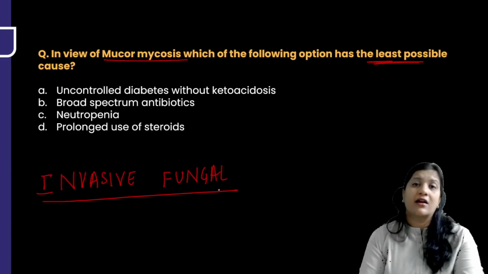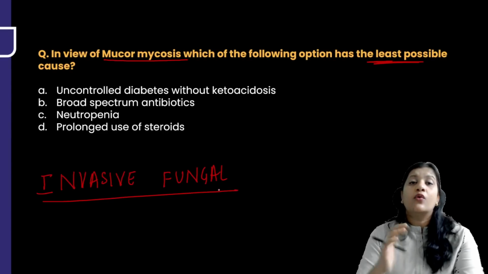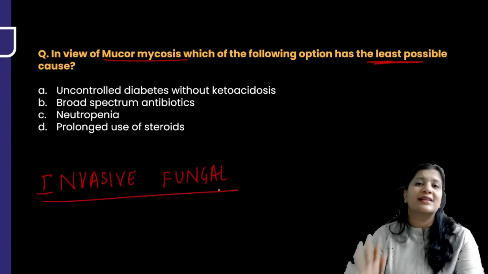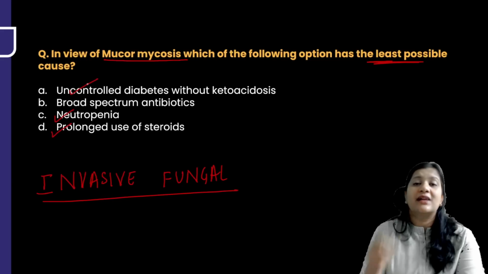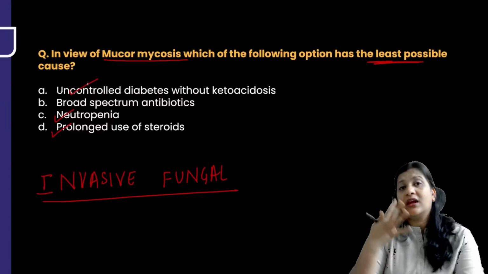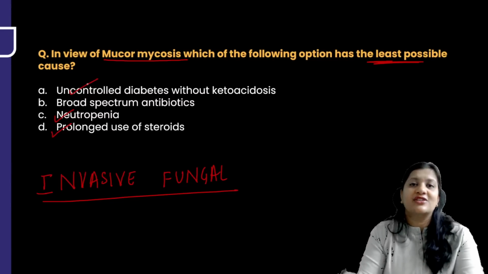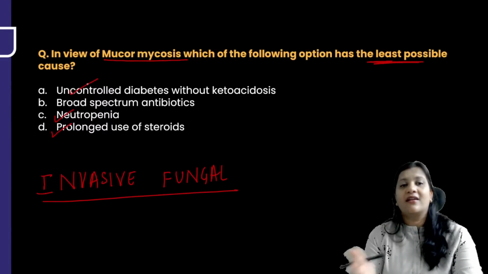It occurs in those patients who are taking steroids, in those patients in whom there is immunosuppression because of COVID-19 infection, or who have undergone transplant. So these are all the patients who are susceptible. So prolonged use of steroids, neutropenia, diabetes are definitely conditions where the immunity of the patient is suppressed. These are immunosuppressive conditions where there is a very high risk of acquiring invasive fungal infection.